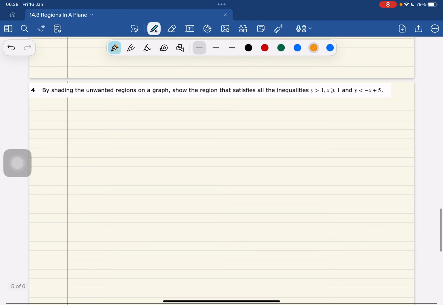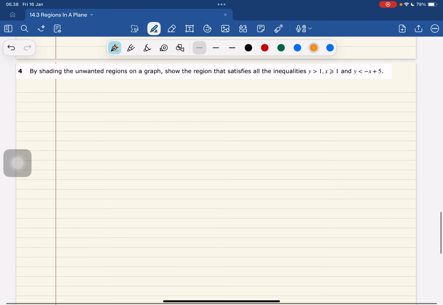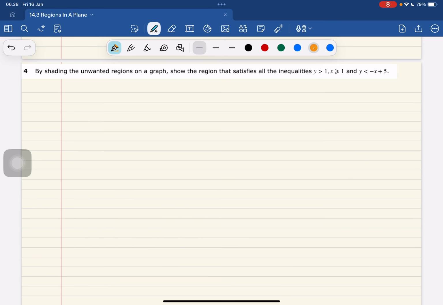Okay, take a look at number 4. By shading the unwanted area, so we'll take the unwanted area. So let us make the graph. Okay, y equal to 1. Y equal to 1 is here. Let's make it 1.